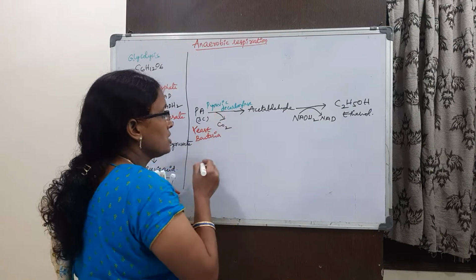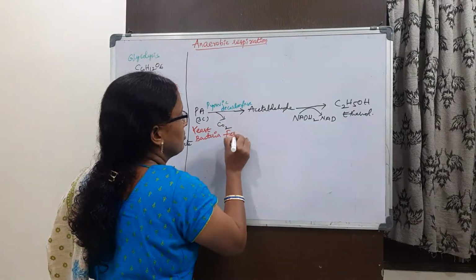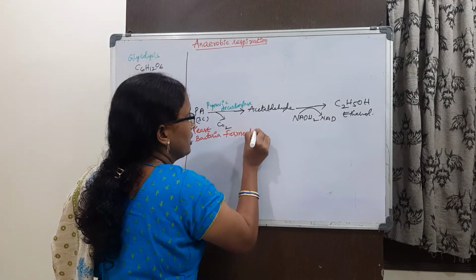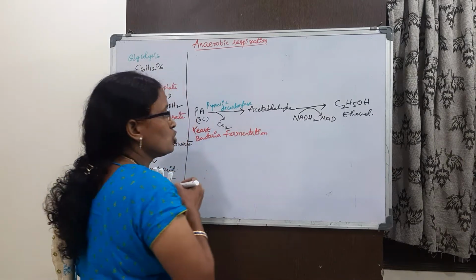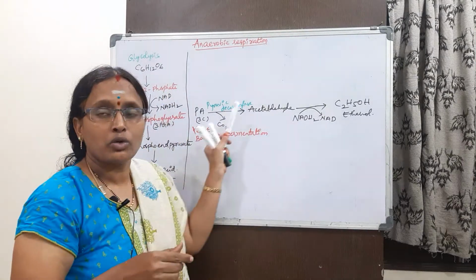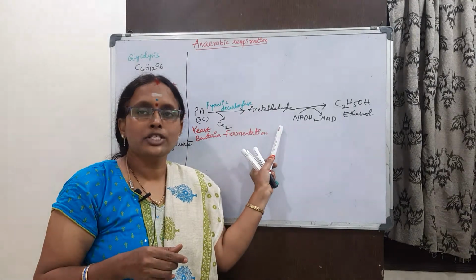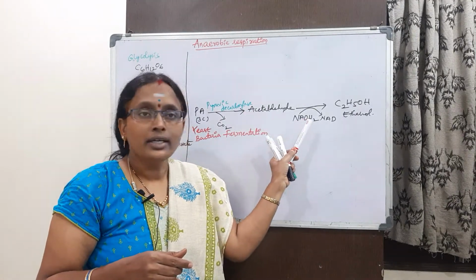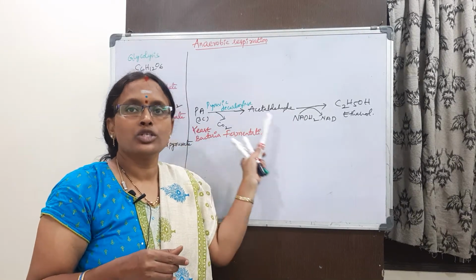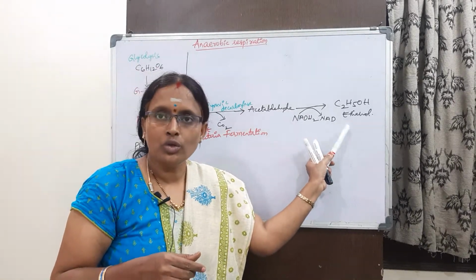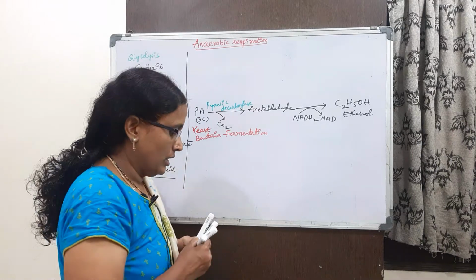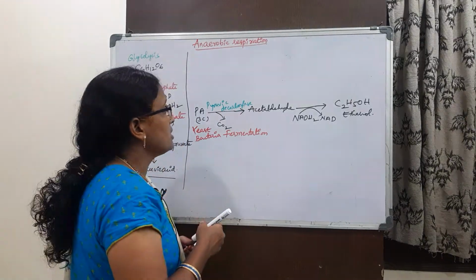This is called fermentation. In this we have two steps. First, pyruvic acid is converted into acetaldehyde. Then by utilizing the NADH2 which is formed in glycolysis, it is converted into ethanol.